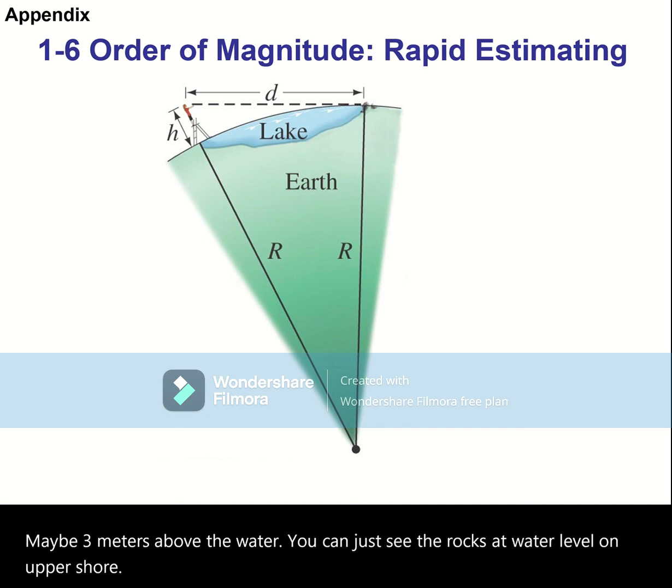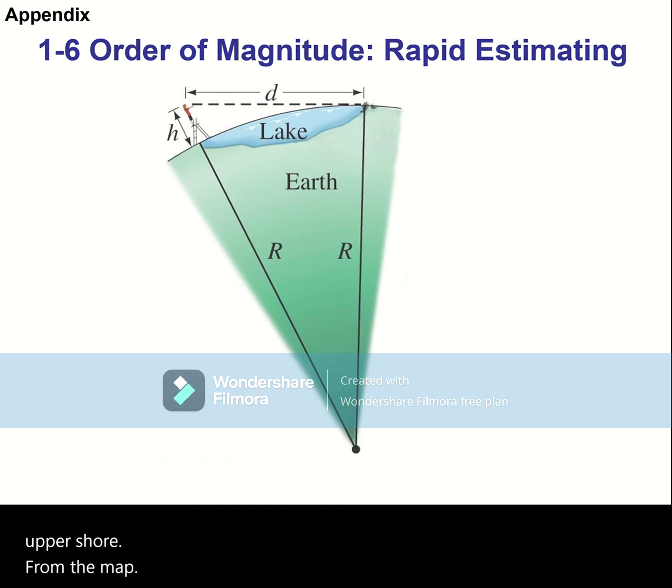From a map, you estimate the distance to the opposite shore as d equal to 6.1 kilometers. And use h, the height of the top of your head, 3 meters above the ground, to estimate the radius R of the Earth.